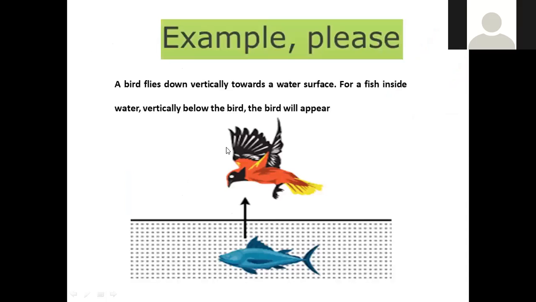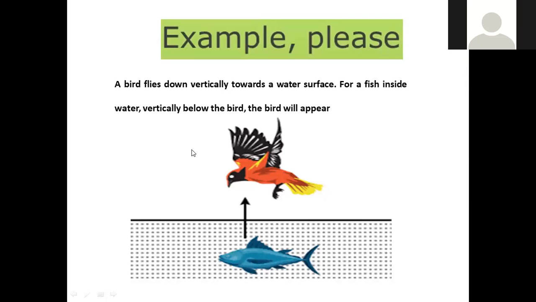Right. Now we enter into the example. Just now we got the theoretical derivation part, which is going to be applied in a daily life application. Let us see how. The bird flies down vertically towards the water surface. For a fish inside the water, vertically below, the bird will appear. So here, what is the condition?